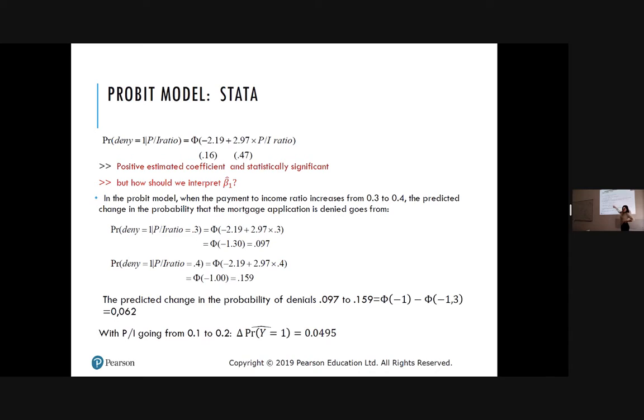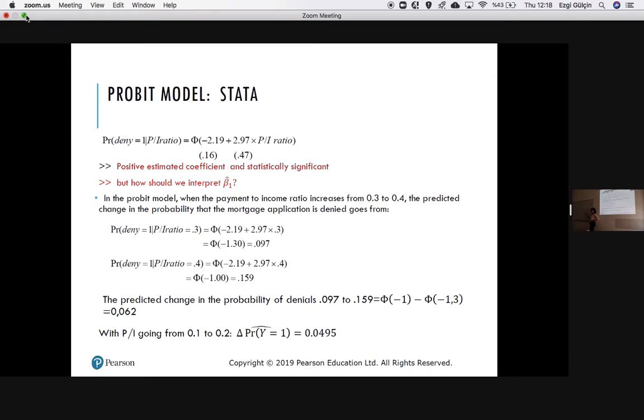We would have two different values here for the cumulative density function at these specific values, and then we would get an area which measures the difference between areas, which is smaller than this one. Okay, this is why we have an effect on the probability of being denied which is equal to 0.05 instead of 0.06.